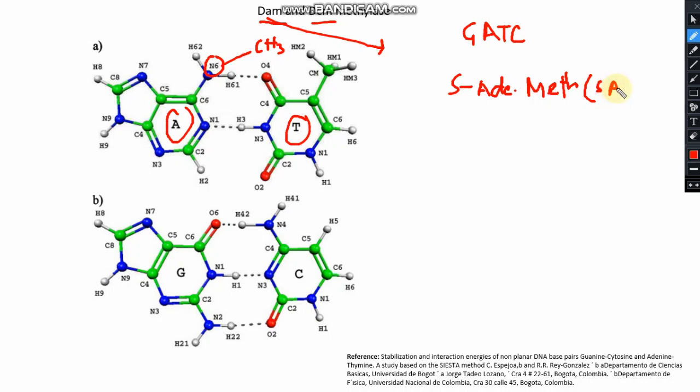So the methyl group is transferred from the S-adenosyl methionine.